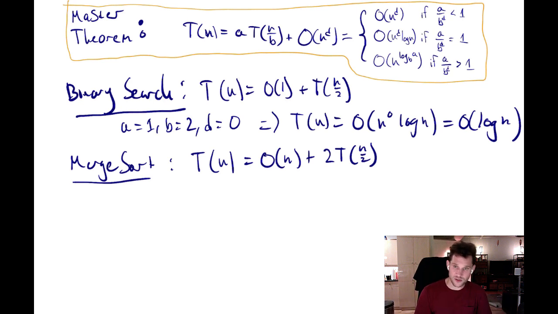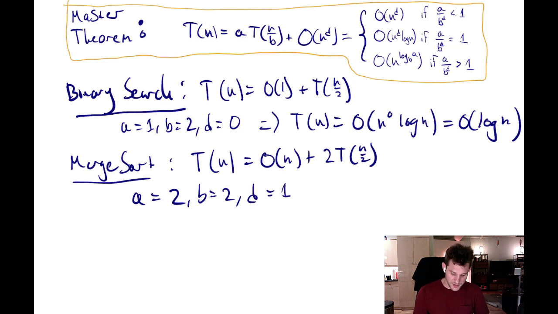The O of n operation is the merging of those two sublists. Now we have a equals 2, b equals 2, and d equals 1.